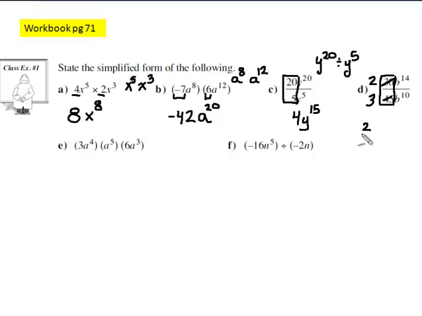And that's as reduced as I can make that, so I've got 2/3. As for the powers, I've got b to the 14th divided by b to the 10th. So again, use your quotient law, write your base one time, and subtract your exponents, 14 minus 10, to get 4. So my final answer there is 2/3 b to the 4th power.